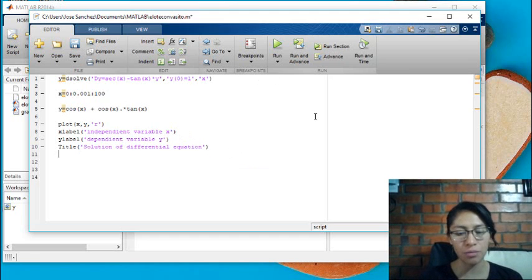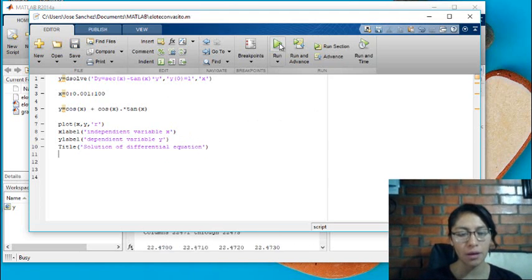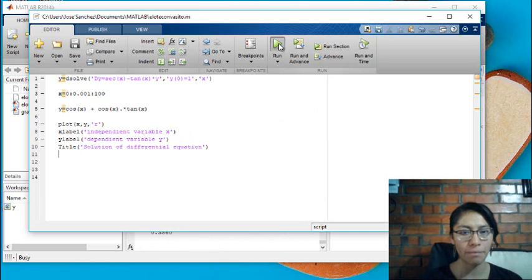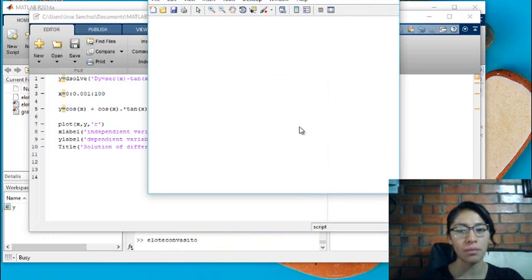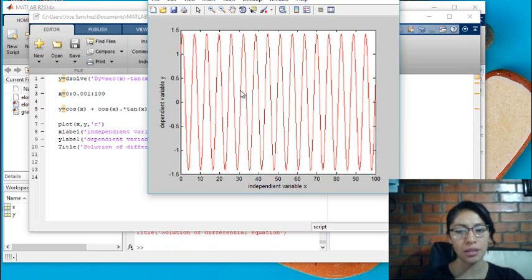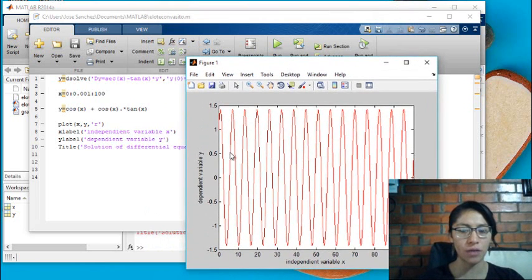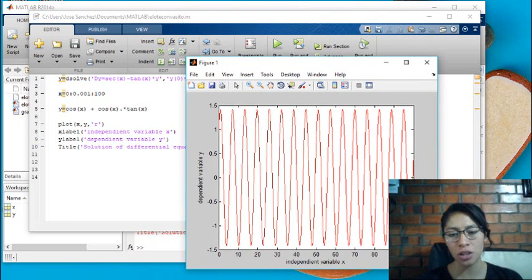Okay, now run it and the graph appears. One moment. This part shows the dependent variable y and the independent variable x, and we change the magnitude of x by 20.